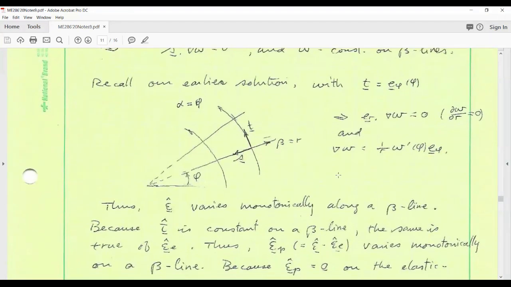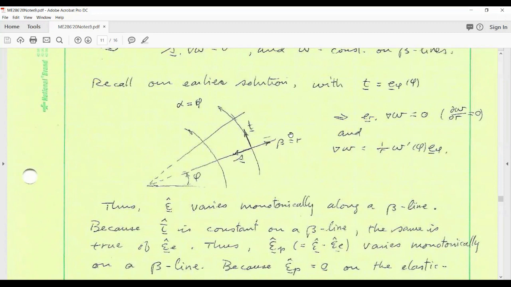For example, epsilon hat, which is just 1/2 of this gradient W, if you look on a beta line where phi is constant, everything with phi constant along a beta line, if you just look along a beta line, this varies inversely with radius, right? So the strain is monotonically decreasing in magnitude along a beta line.